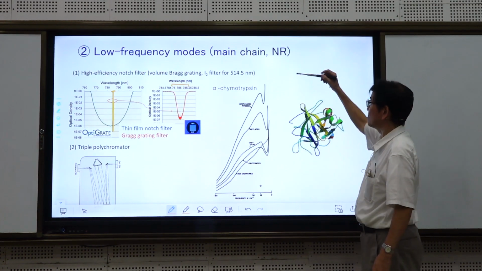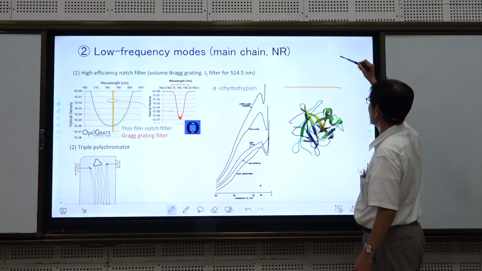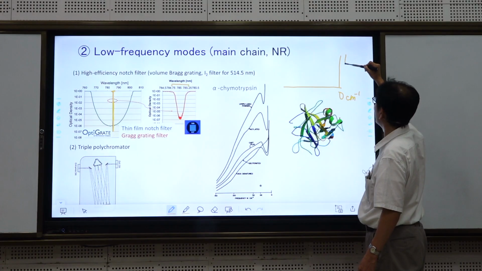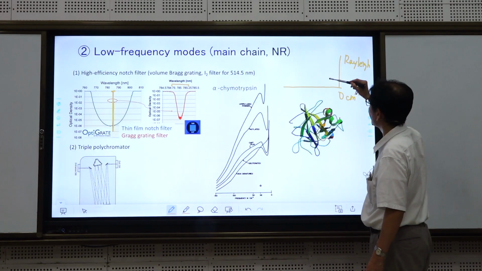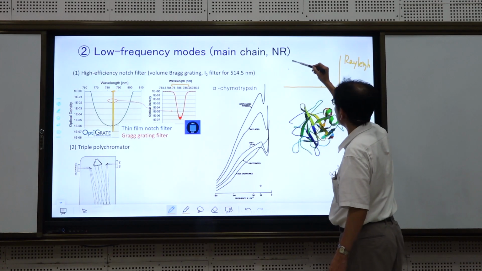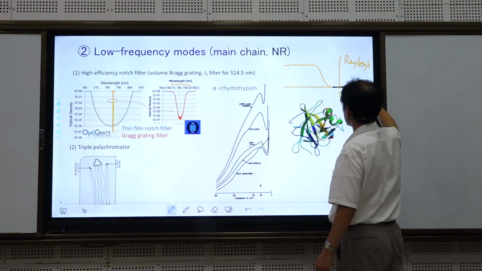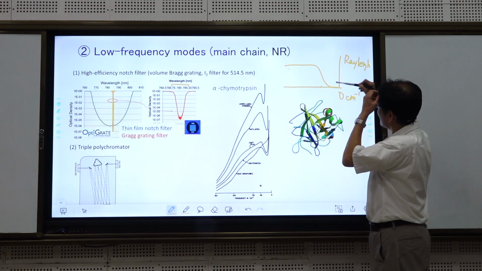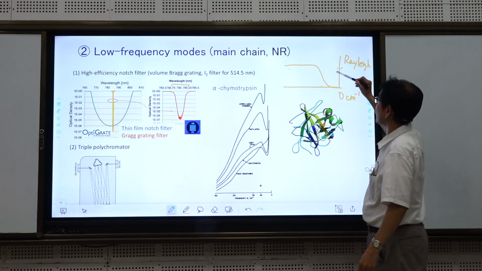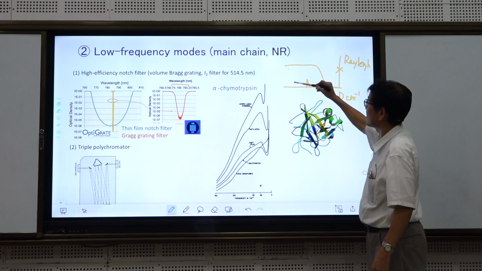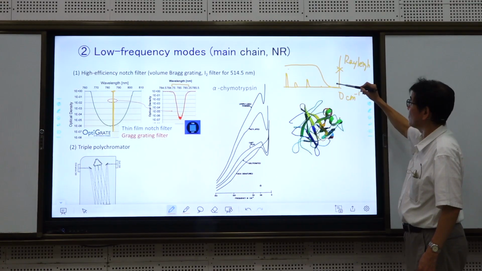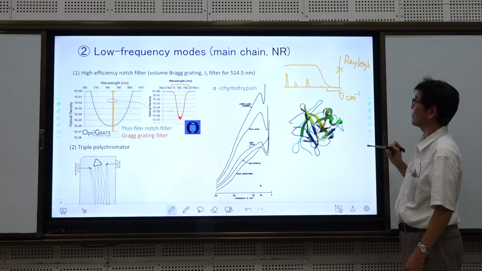This is convenient to focus on the region near the Rayleigh line. Usually we use such a filter, not the expensive one, and this is the transmittance. By using this filter, we can cut the Rayleigh line and find some Raman bands. But as long as we use this filter, we cannot check this region.